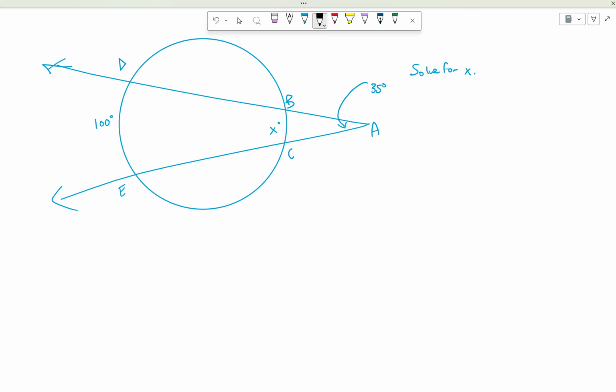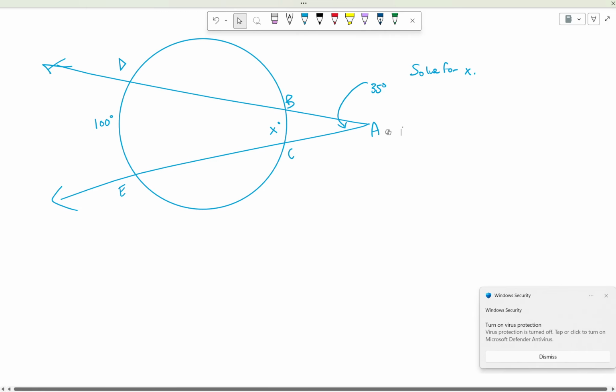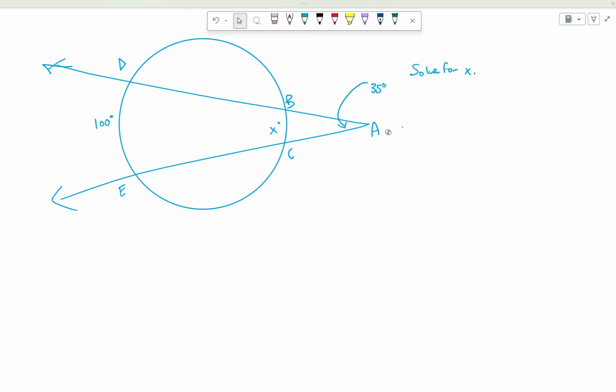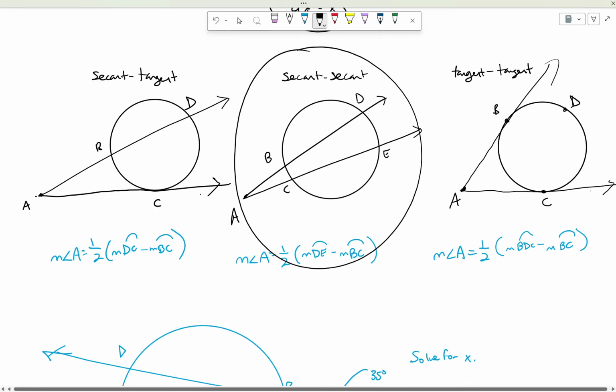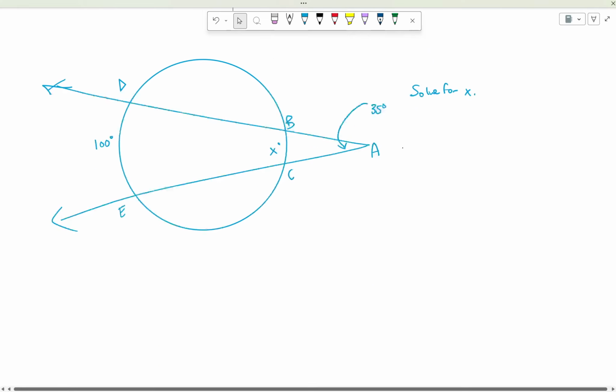So, how do we do that? Well, remember, angle A is going to be equal to 1/2 of the outer minus the inner. Remember, this is actually secant secant, but it's done the same way regardless of it being secant tangent, secant secant, or tangent tangent.